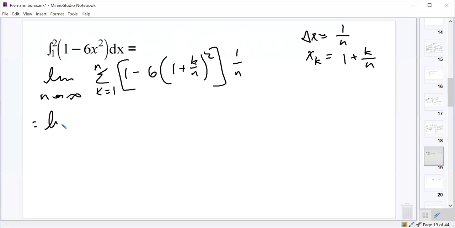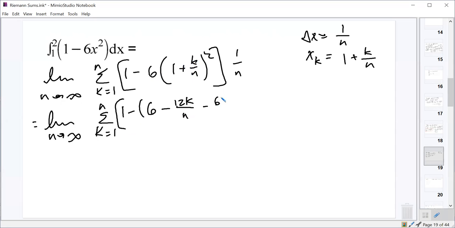And simplifying that out, it is going to give us a whole big mess here. 1 minus, let's see, 1 plus k over n squared ought to be a 1 to start, so that's going to be 6 times the 1. And then we're going to have a 2k over n in the middle, so minus 12k over n when we distribute that. And then a k squared over n squared, and so minus 6k squared over n squared. And that's all times 1 over n.